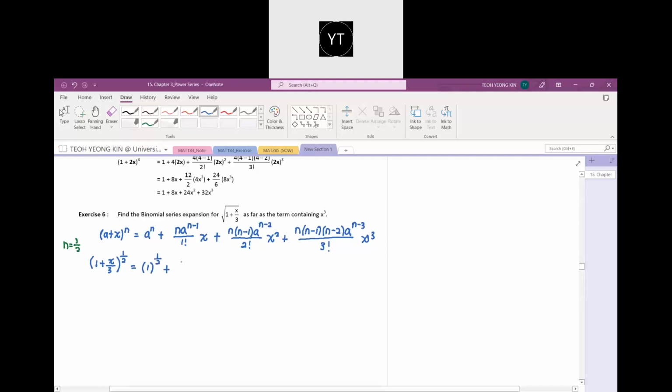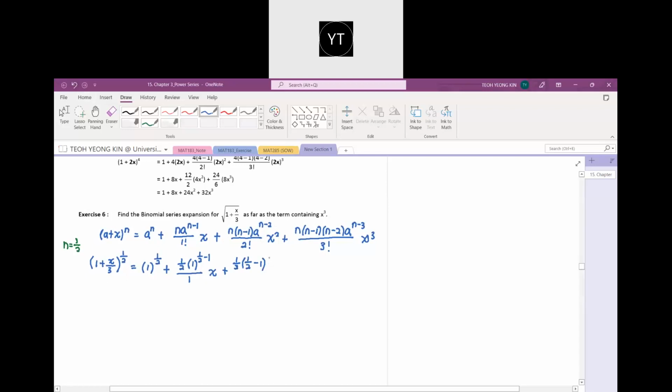Plus n, 1 over 2, a is 1, power of n minus 1, which means 1 over 2 minus 1, over 1 factorial, which is 1, and then x. Plus n, 1 over 2, times (1 over 2 minus 1), a to the power of n minus 2.